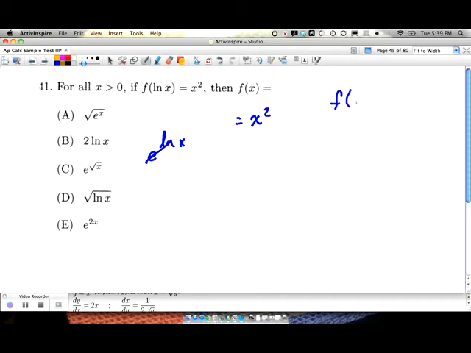Then f of e to the natural log of x is going to be e to the x squared. And f of e to the natural log of x is the same thing as f of x.